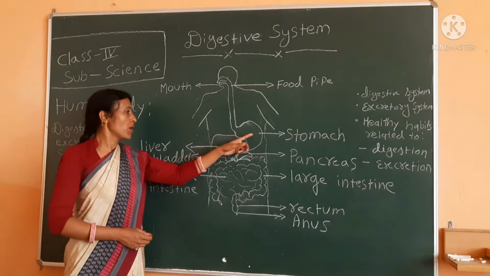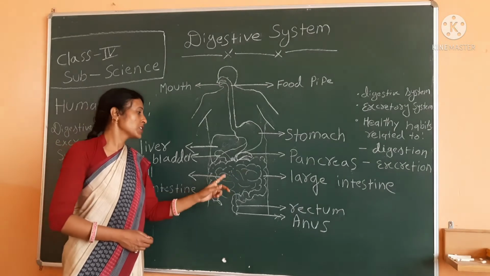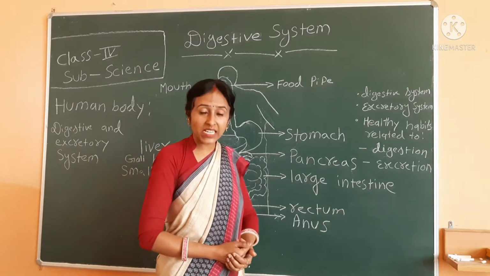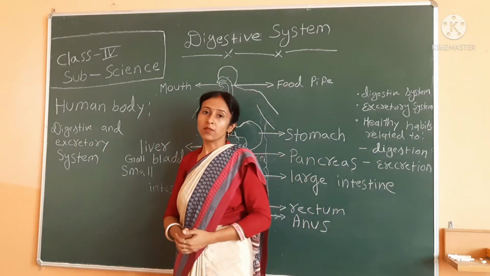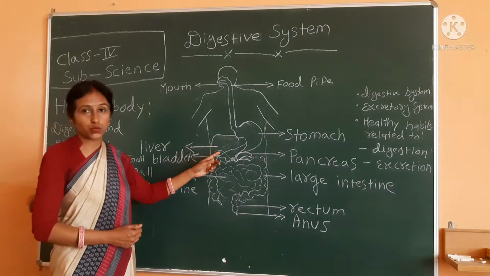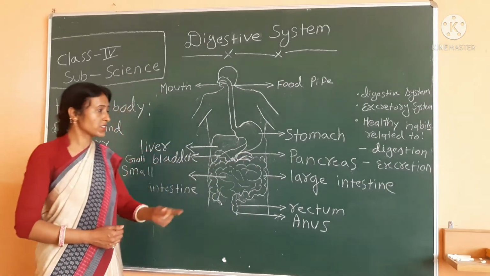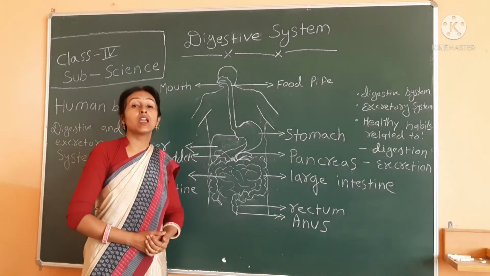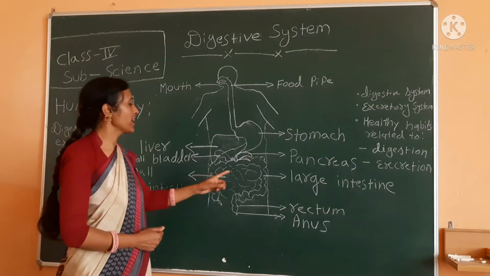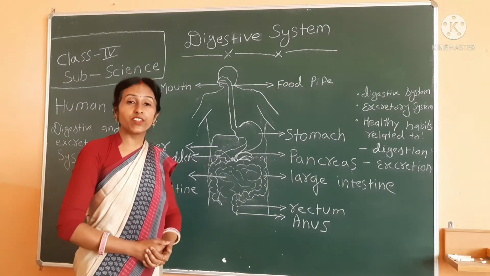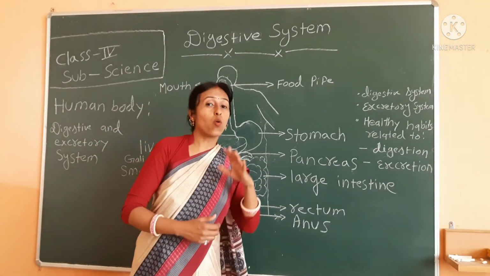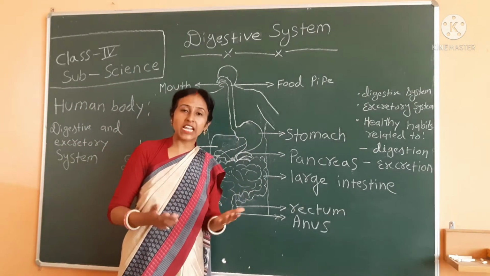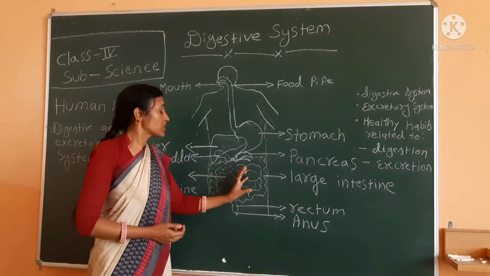After the stomach, our food materials come into the small intestine. In this small intestine, with the help of juices like bile juice and pancreatic juice from the pancreas, our food materials are broken down. There are finger-like projections present, named villi, which absorb food nutrients like carbohydrates, proteins, and fats.